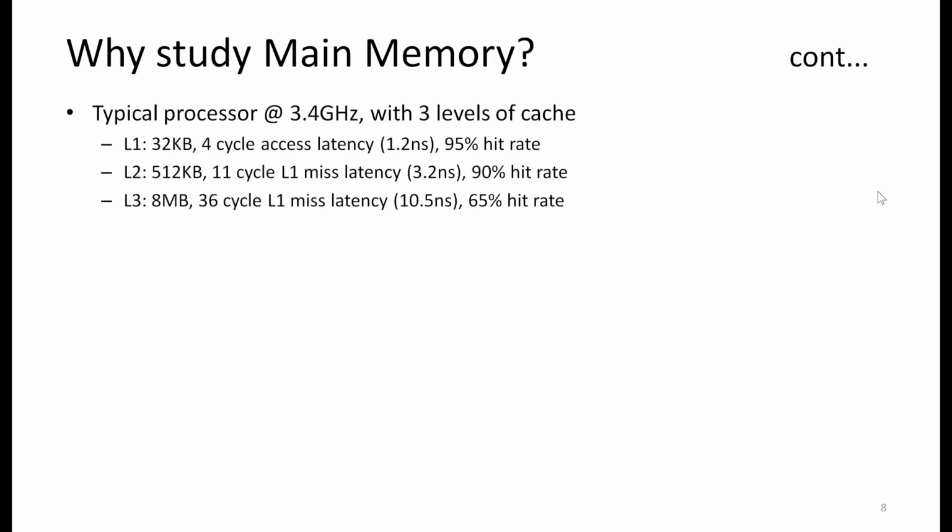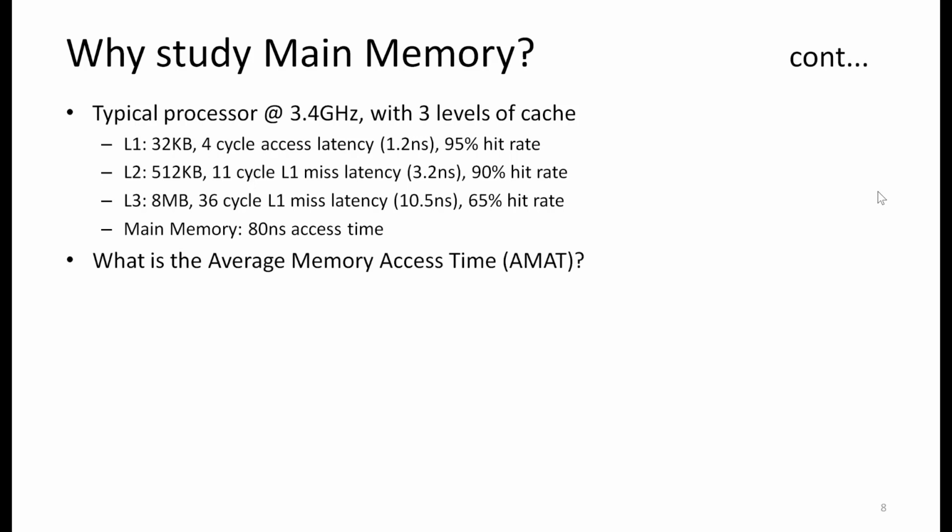L3 is 8 megabyte with 36 cycles of latency and let's say its hit rate is 65%. Following that, let's say we have our main memory and let's assume that all the requests to the main memory are hits, and it would take 80 nanoseconds for each access.